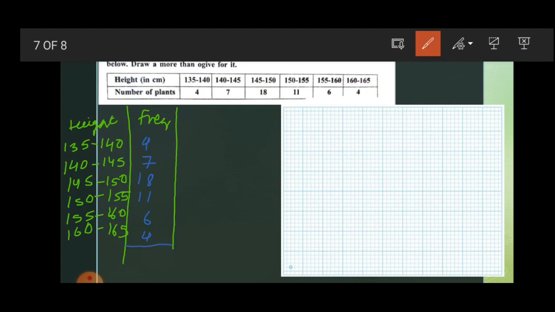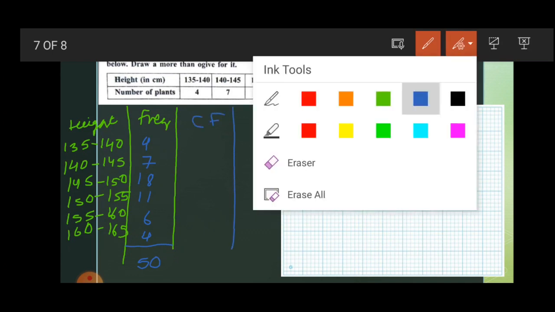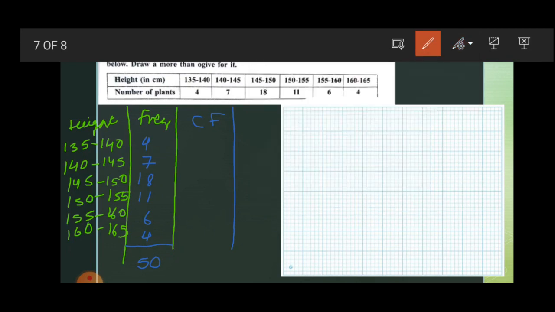Let's find the total of frequency. 4 plus 7 plus 18 plus 11 plus 6 plus 4 equals 50. Now to find the cumulative frequency for more than type, write first CF as total of frequency, 50.